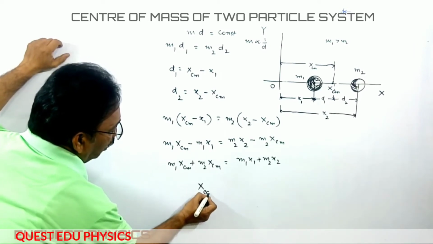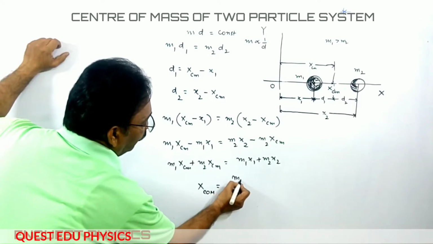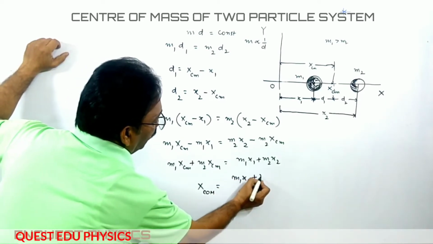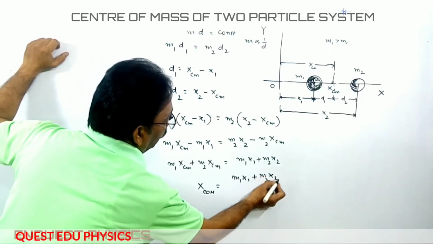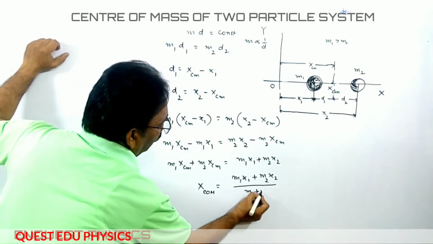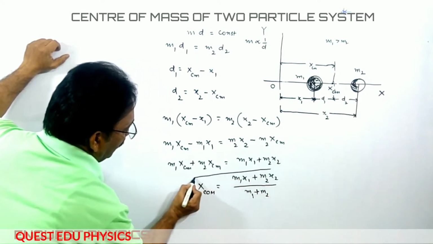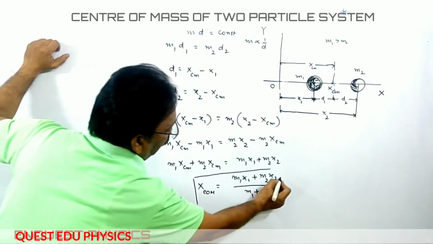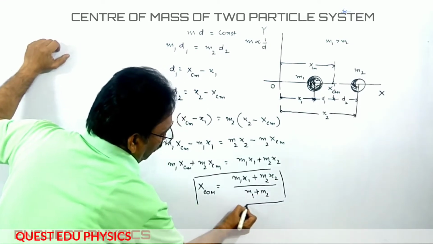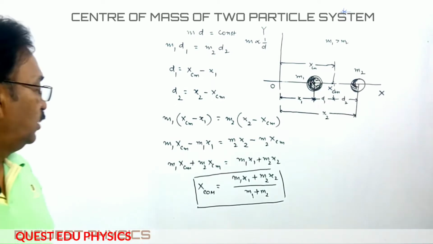What do we get? xcm is equal to m1 x1 plus m2 x2 upon m1 plus m2. Okay students, this is the expression for the center of mass of a two body system, students.